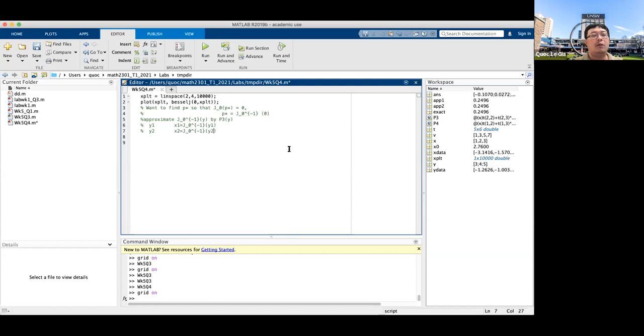So I have 4 points. So I just cut and paste this one, and I have 3, 4 here. And this one is 3, 4. So you get the idea, right?